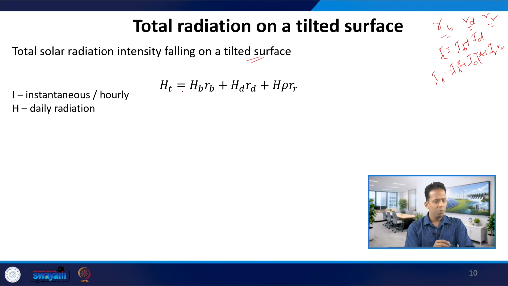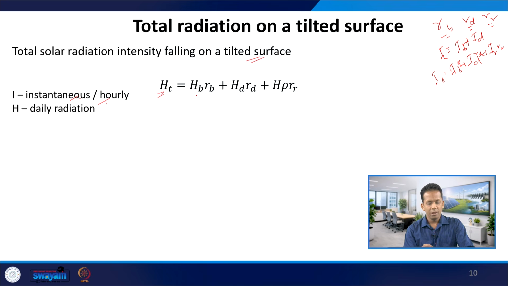Now, since we have been talking about hourly or instantaneous radiation, we use the symbol I, but if you are talking about daily radiation, most books use the symbol H. You use H or I, it does not matter, but be clear and stick to one consistent nomenclature.